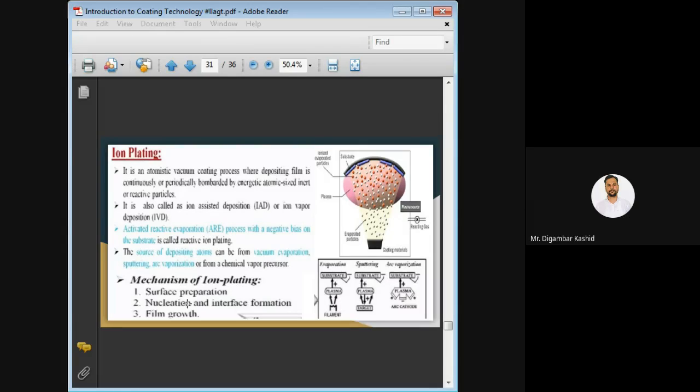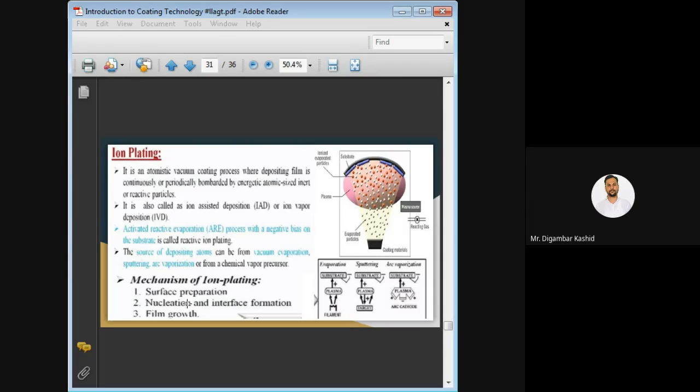So here is the source of the depositing atoms. First, in the evaporation technique, we have the substrate, you are using certain kind of plasma, and you have the filament. Then the material is deposited directly onto the substrate or on top of the substrate. But here we are using certain kind of target material.